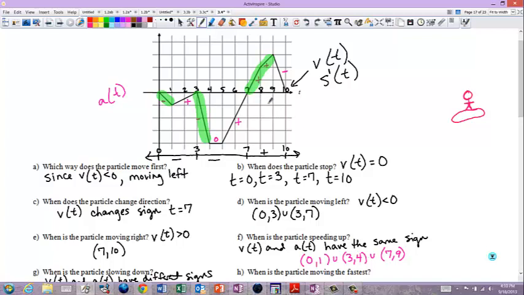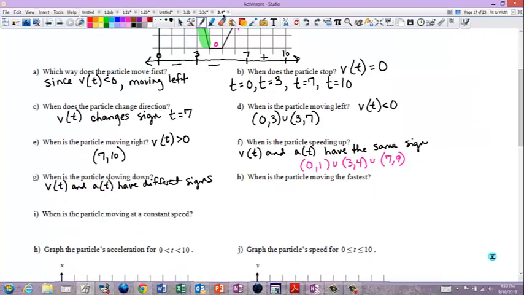At every place where it wasn't speeding up. So between 1 and 3, between 5 and 7, and between 9 and 10.